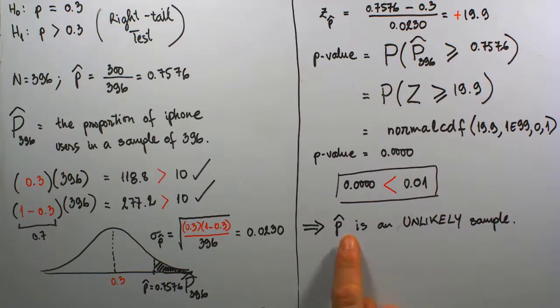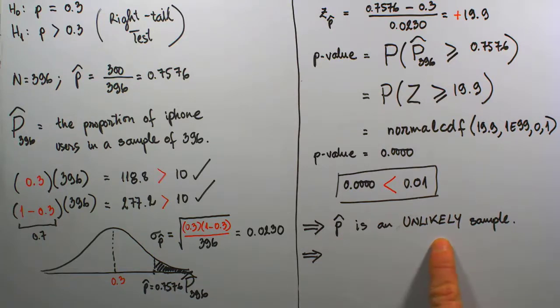And in a more advanced course in statistics, I should be able to point out what it means exactly to be an unlikely sample and how being an unlikely sample leads to having strong evidence.